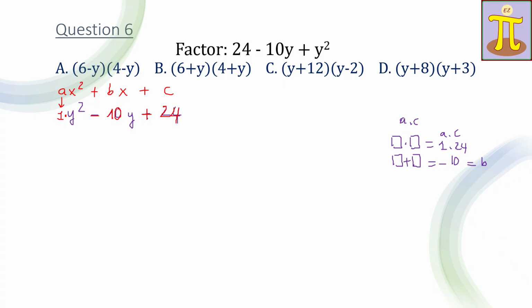So we find a pair that makes 24. 24 times 1 is 24, 12 times 2 is 24, 8 times 3 is 24, also 6 times 4 is 24. But each pair we listed right now cannot add up to negative 10.